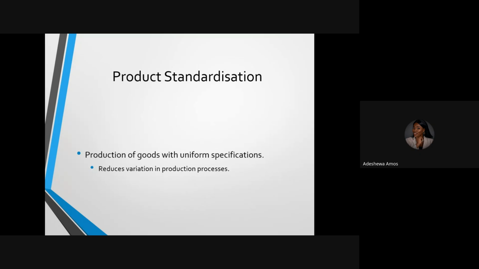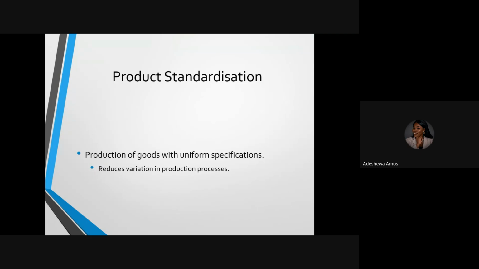There are no differences in the packaging. There are no differences in the taste. So that is what we call product standardization. So the goods are very uniform. They have uniform specification. It's like if I buy Bell Cola here in Cape Coast, I think it's 3.5 or so. If I buy Bell Cola at 3.5 here in Cape Coast, anybody that is buying it in Accra should buy the same thing, the same taste.